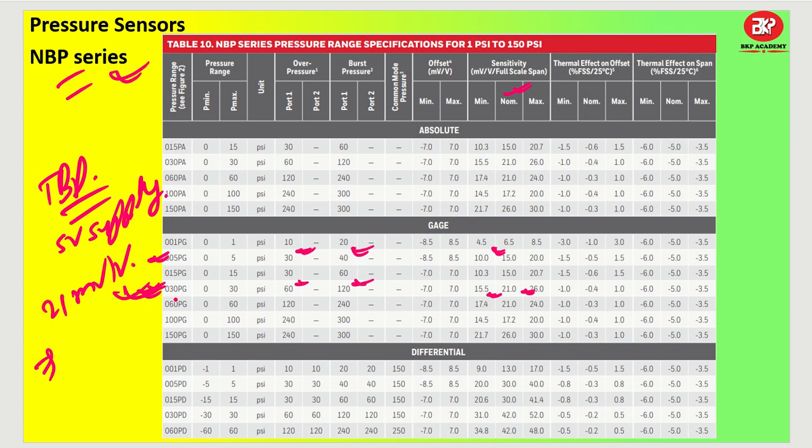So the output will be 21 into 5 millivolt total. So this was all about the pressure sensors that we have talked about in terms of specifications, and the different techniques we can use to identify and find our pressure sensors.